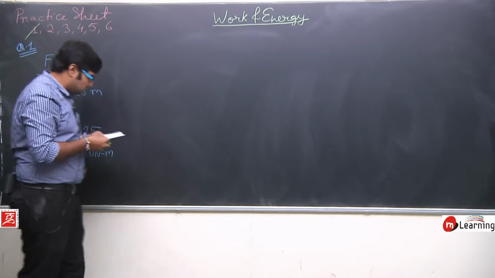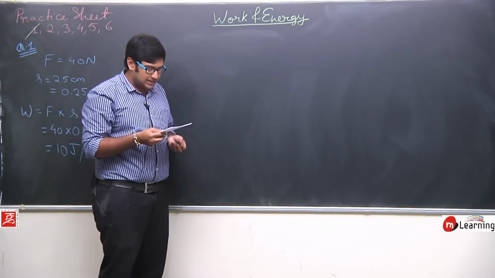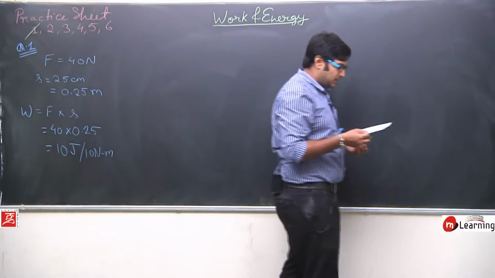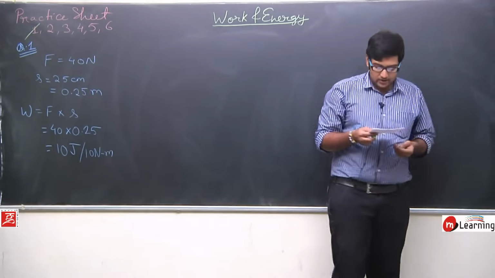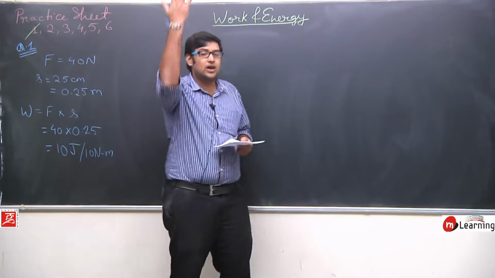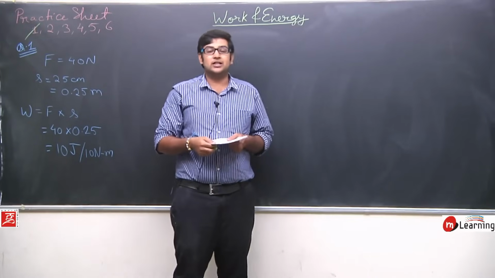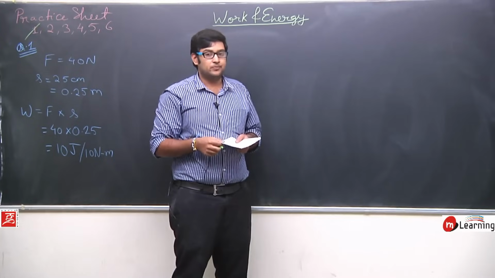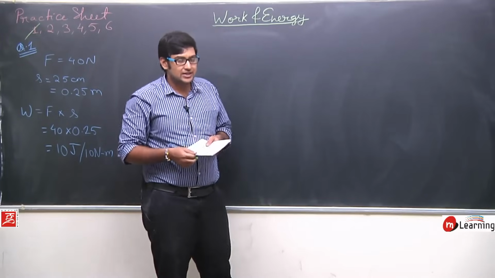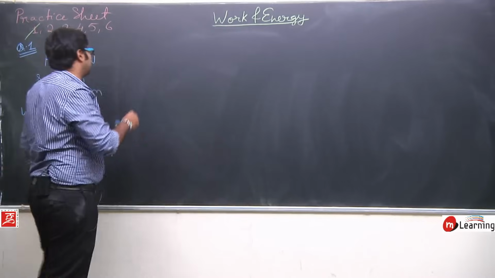Okay, let's see question number 2. A ball of mass 1 kg thrown upwards reaches a maximum height of 4 meters. Calculate the work done by force of gravity during the vertical displacement. Now it says that you throw a ball upwards, and we have to calculate how much work is done by the force of gravity. When you throw a ball in the upward direction, the force of gravity always applies in the downward direction.